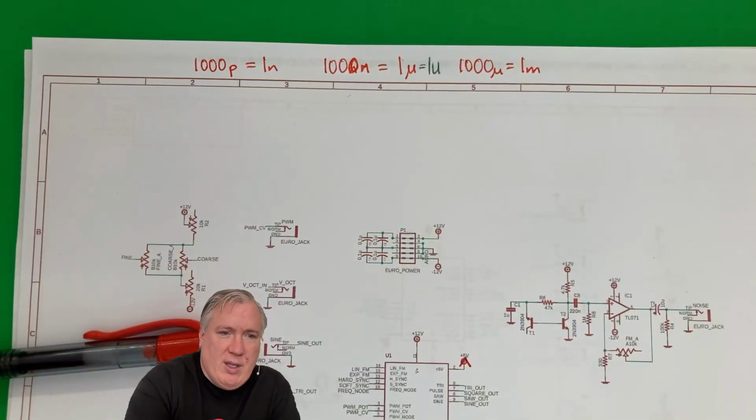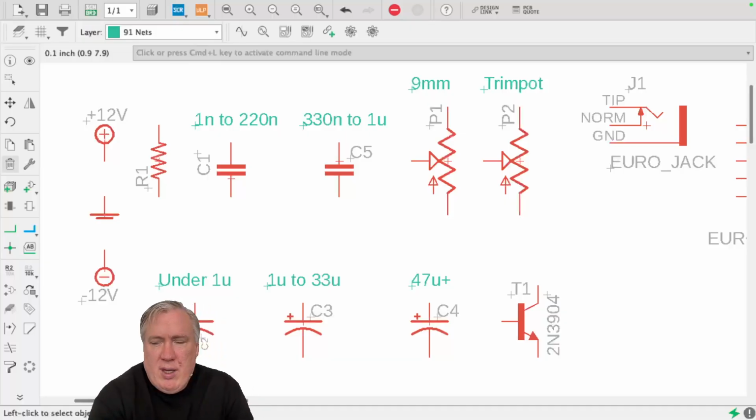Okay, let's go back. So here, when you see up here 1N to 220N, that means a capacitor that looks like this, with values between 1N and 220N, you're going to use this one. A capacitor that has the same symbol, these two are the same, but is larger, 330N up to 1U, which would be 1,000N, you use this symbol.